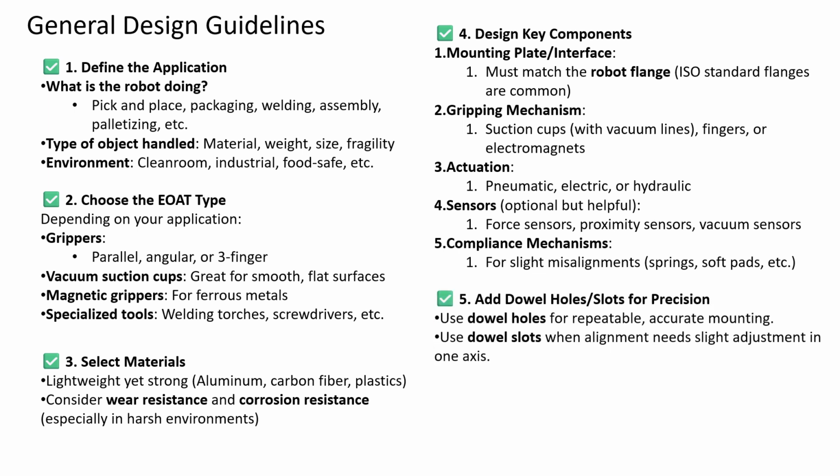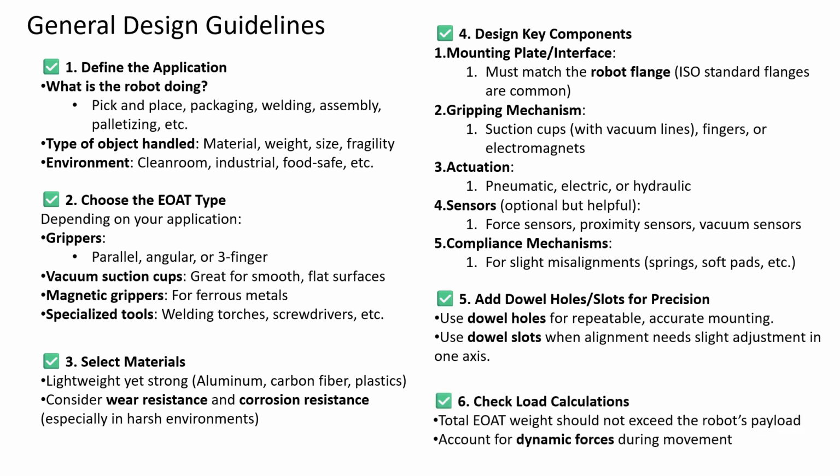And then we need to take care of the design, we need to add some holes and dowels and slots for precision purposes. And then of course we need to check the load calculations, as we are discussing the wrist will be having some moment constraints, some payload constraints, so we should check those constraints.